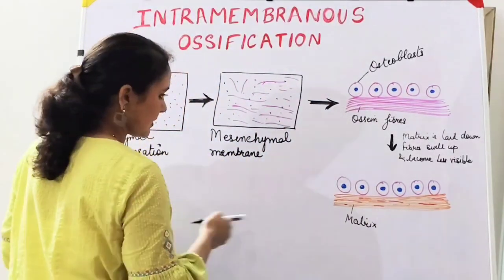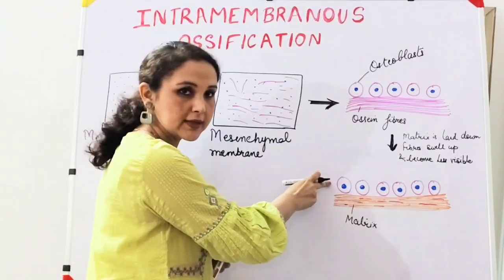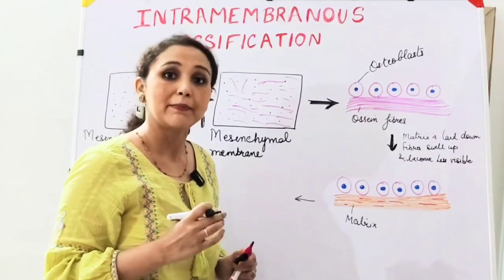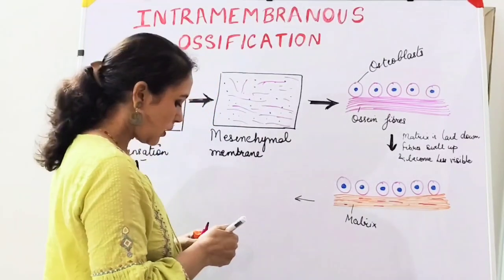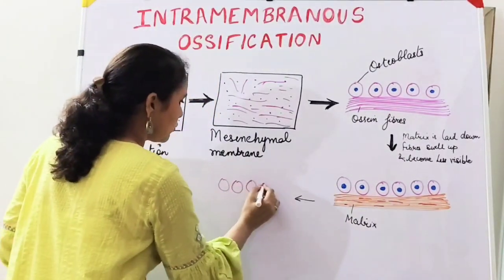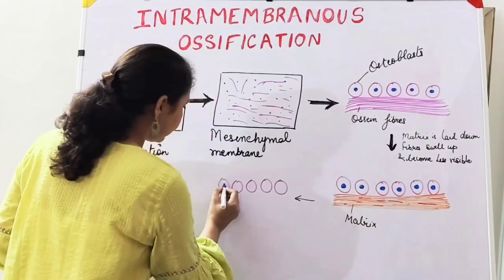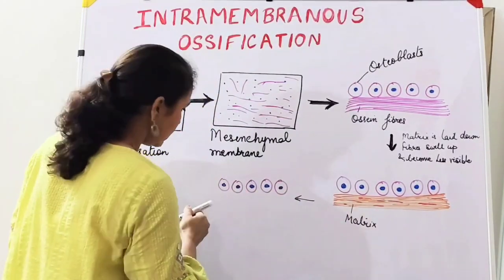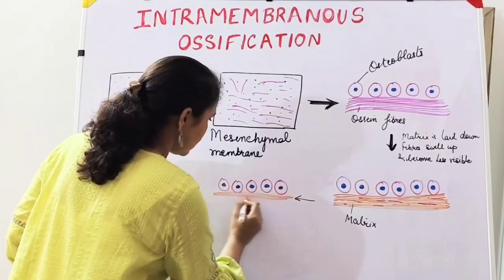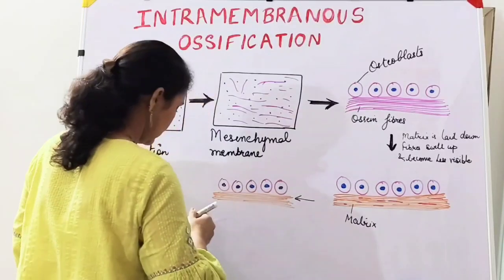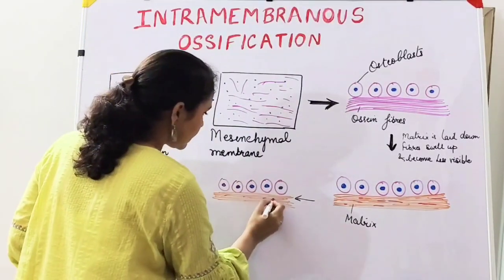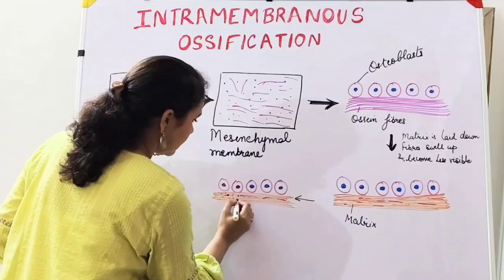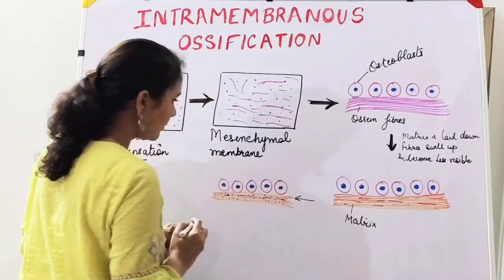Now, what happens in the next step? Under the effect of osteoblasts, in this matrix, various inorganic salts, the salts of calcium and magnesium, will be added. So again, we are going to make these osteoblasts with the same nucleus. Okay, so we have the matrix, the less visible fibers, and the inorganic salts of calcium and magnesium.